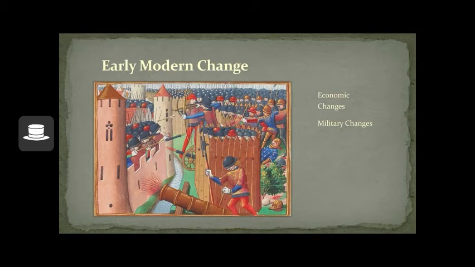Early modern armies were going to require a lot of money to pay soldiers, to provision soldiers, give them the ammunition and the food and the tents and the clothing they were going to need, to train soldiers, the academies and the teachers who could train them. Navies are going to be expensive.